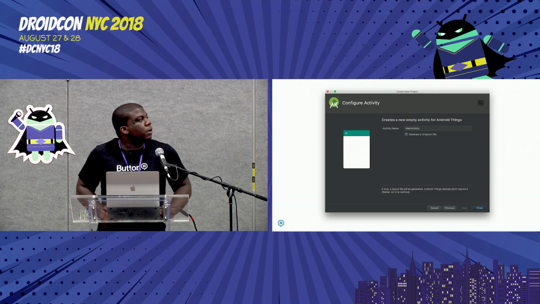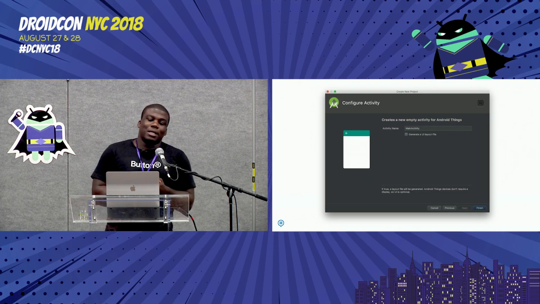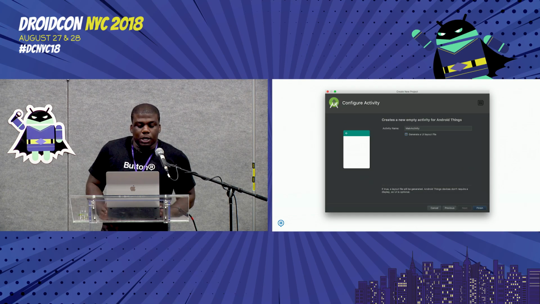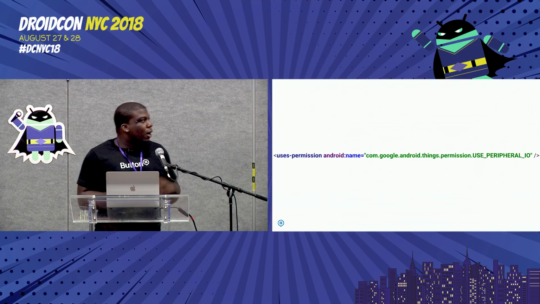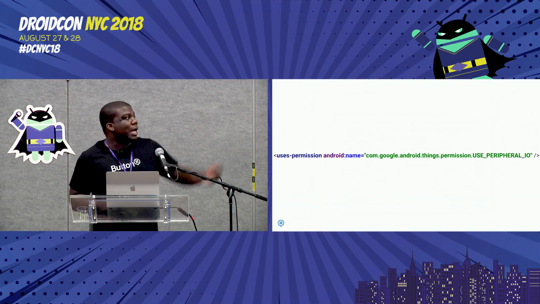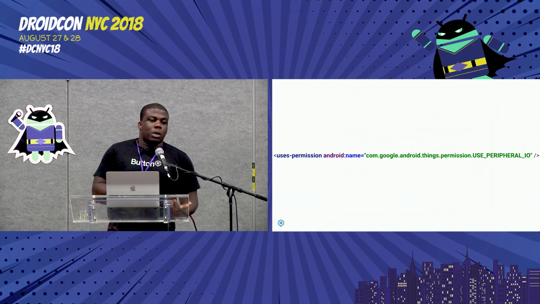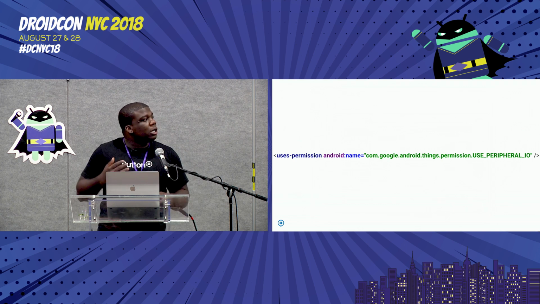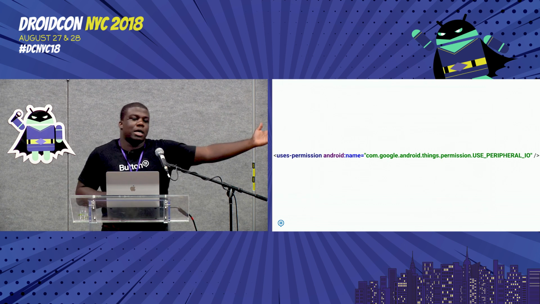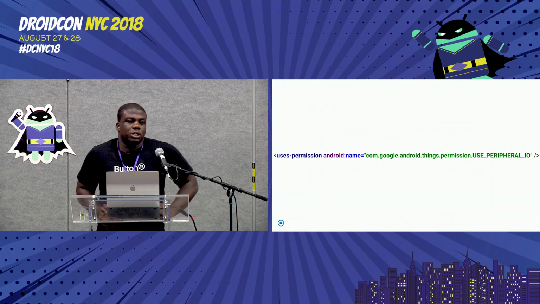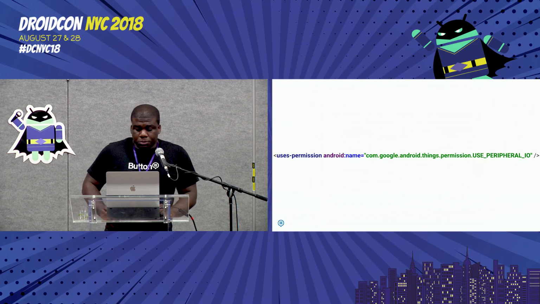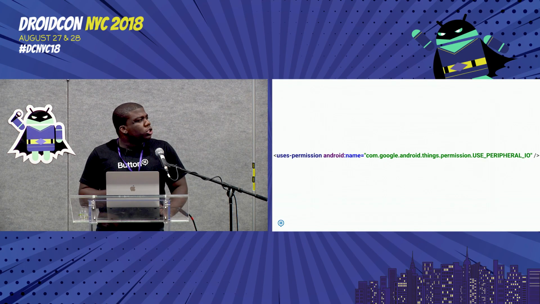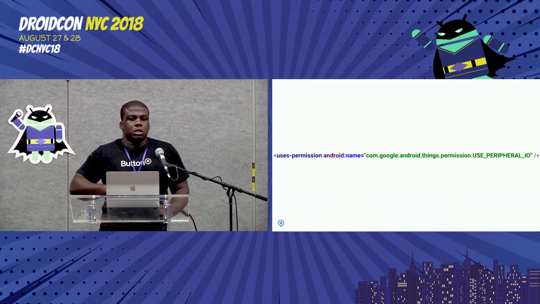So the first thing you'll probably have to do, immediately once you're trying to create your first driver, is go to the manifest and add this permission. Like I said earlier, about how all the permissions are granted, you still have to include it in the manifest if you want it to work. And depending on what version of Android Studio you're using, you might have to update the manifest too.